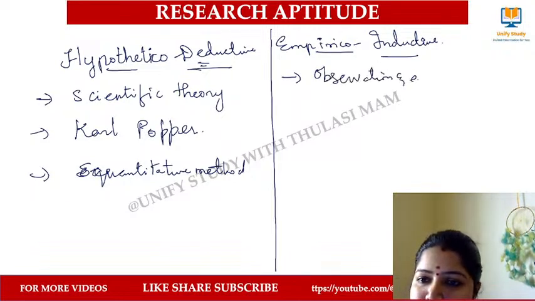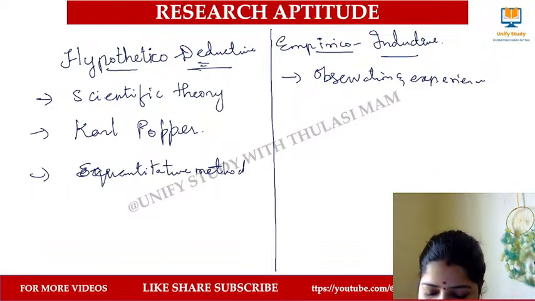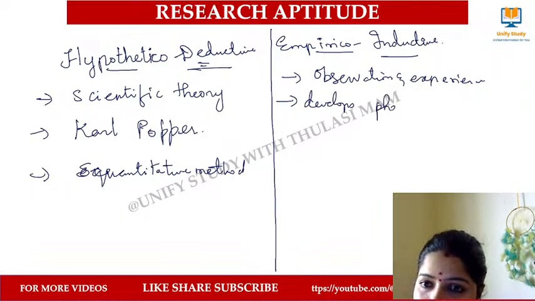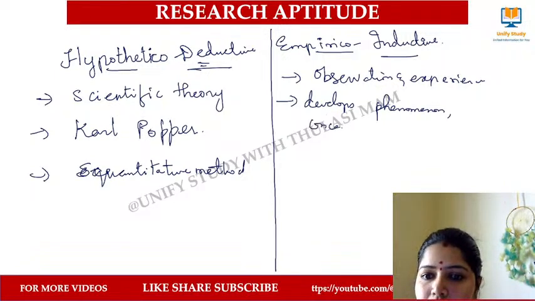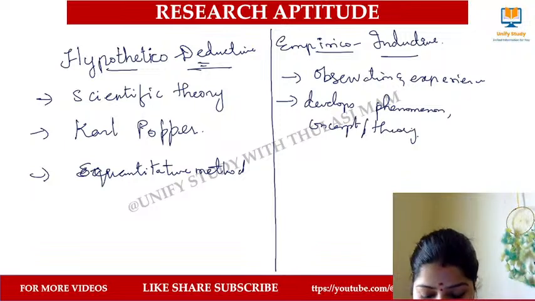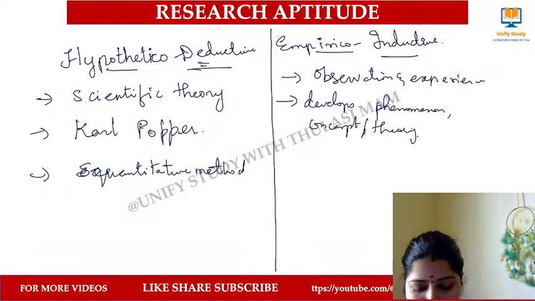Observation and experience. I told before, right? Empirical research, it is based on experiences, same concept. Observation and experiences, and which it develops a phenomenon, a concept, or theory. So that we call it as empirico-inductive research.